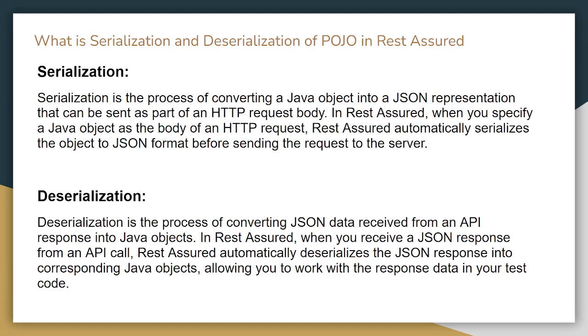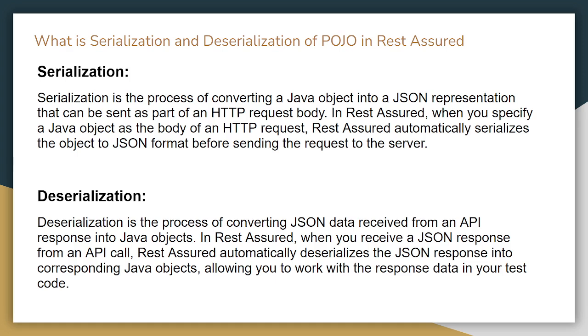Now, what is serialization and deserialization of POJO in REST Assured? Serialization is the process of converting a Java object into a JSON representation that can be sent as part of the HTTP request body. In REST Assured, when you specify a Java object as the body of an HTTP request, REST Assured automatically serializes the object to JSON format before sending the request to the server.